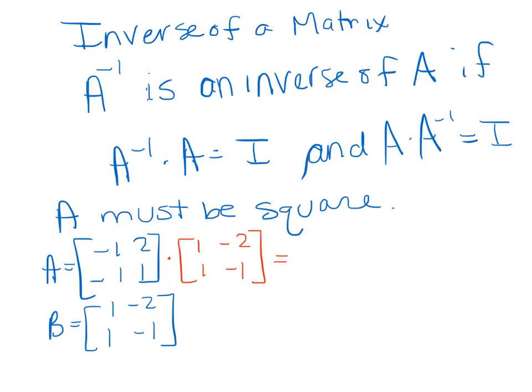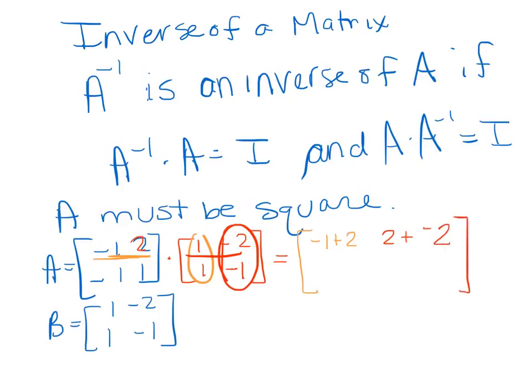I'll do matrix multiplication, first row, first column. So that's -1 plus 2. And then first row, second column, I have -1 times -2 is 2, plus this 2 times -1, minus 2.